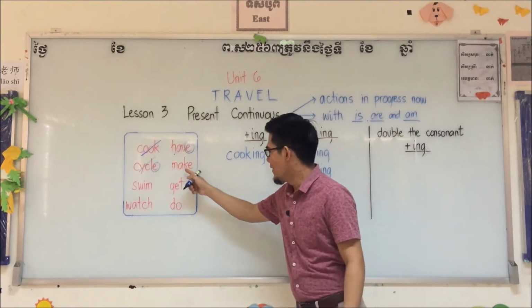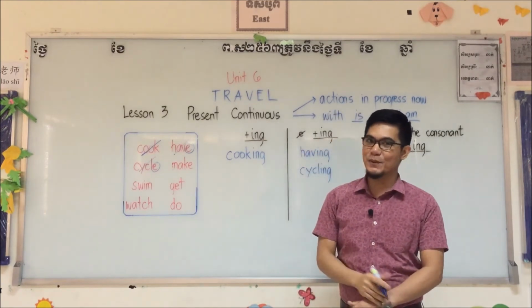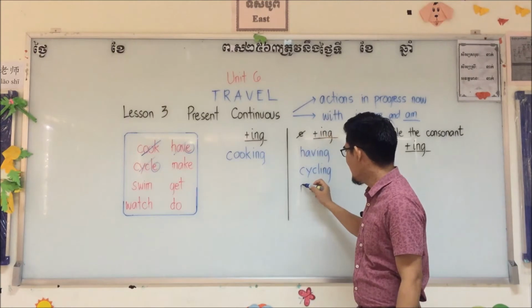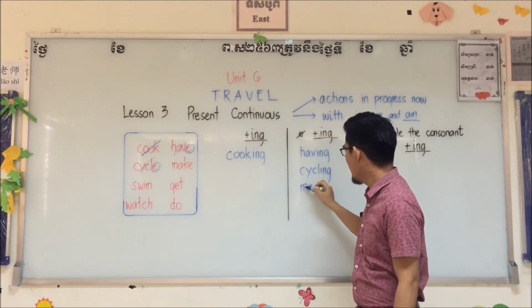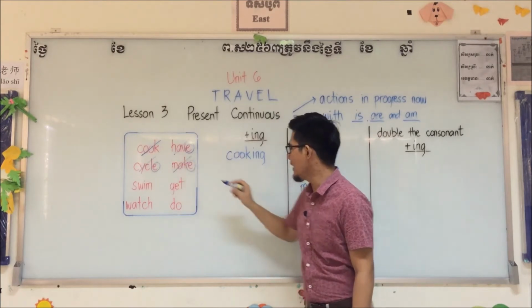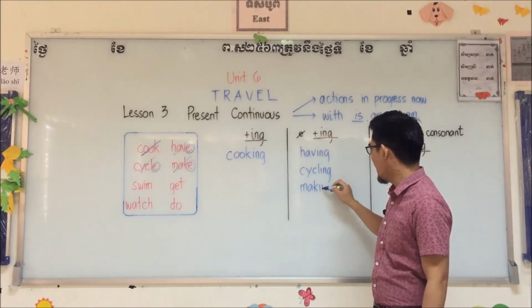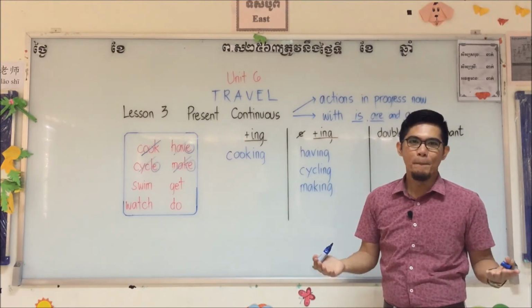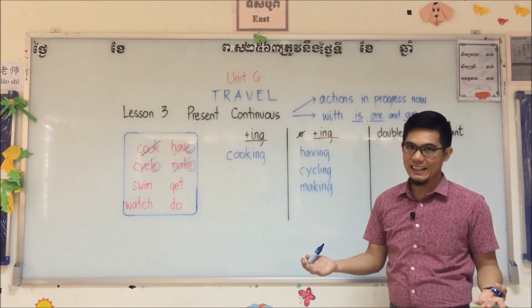Let's proceed. Make. It ends with letter E again. So we'll just copy the word M, A, K, remove the E, and then add ing. Making. Got it?